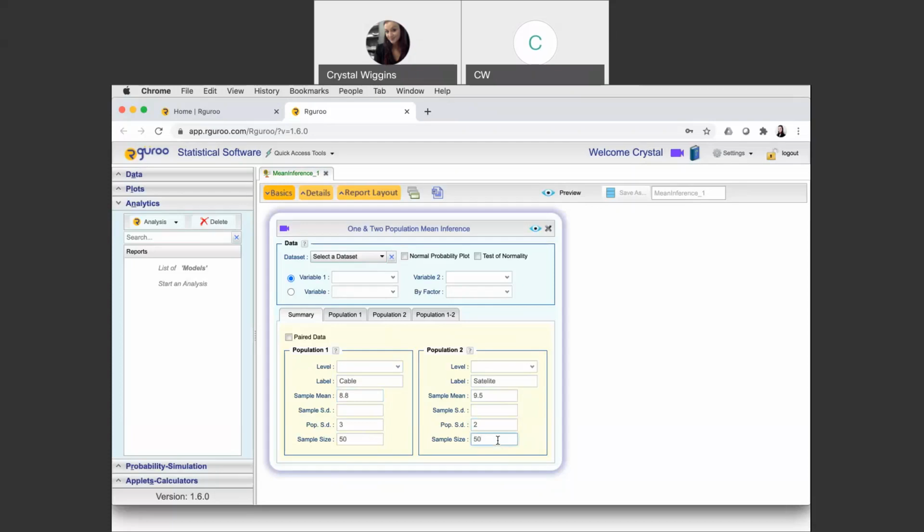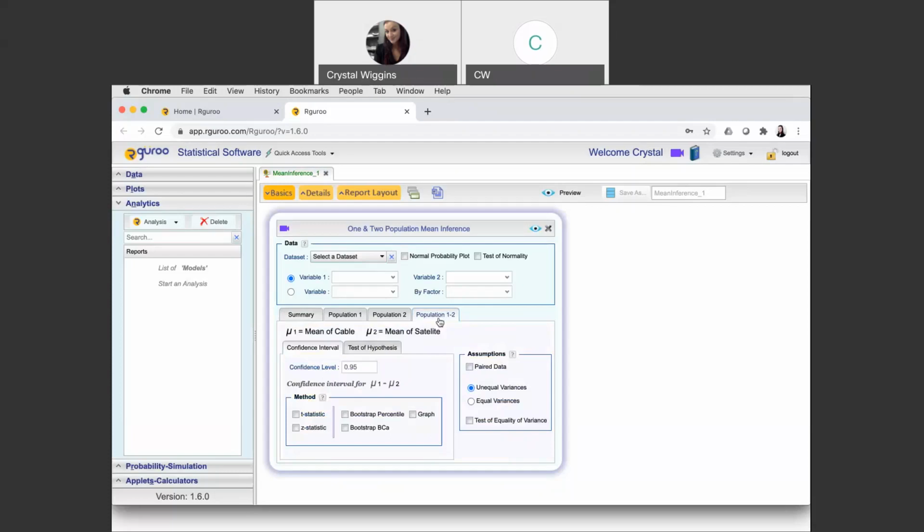Now what we want to do is head over here to the population 1 and 2 tab. Now it looks like what we've worked with before when we only had one population. Again, we could toggle between the confidence interval tab and the hypothesis tab. Right now we're focused on a 95% confidence level, which is the default. We know we need a z-test statistic.